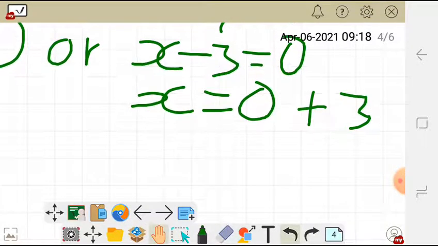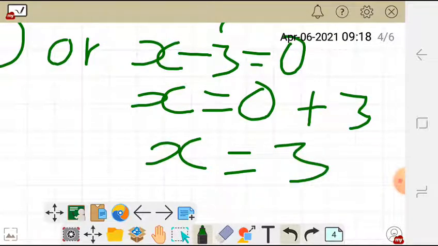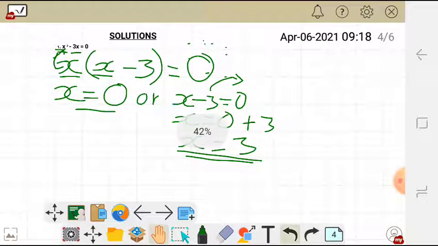From there, x equals 0 plus 3, which is 3. So the two values of x are x equals 3 and x equals 0.